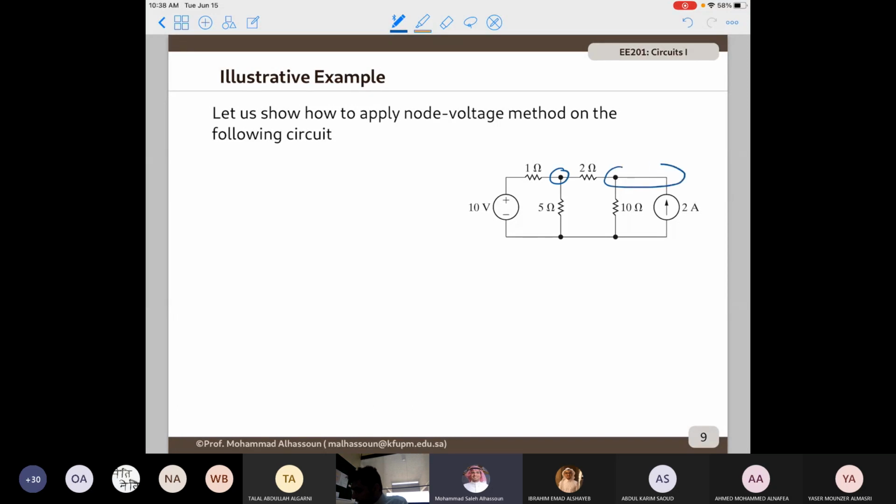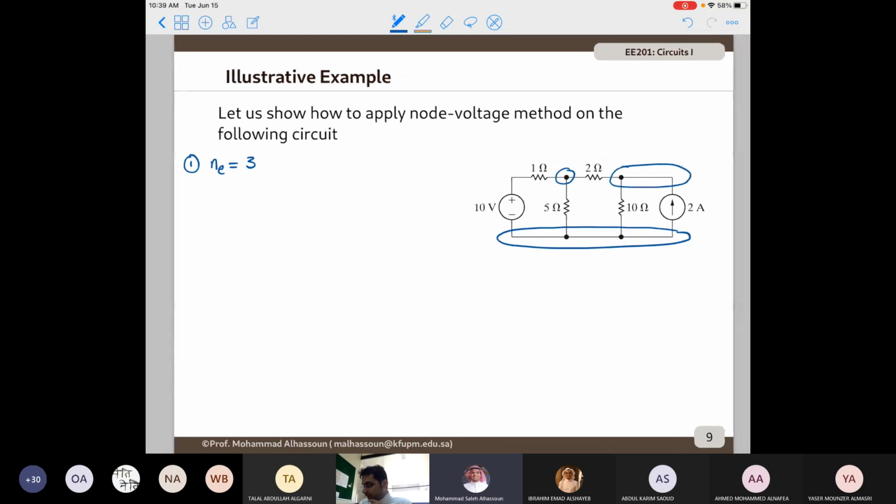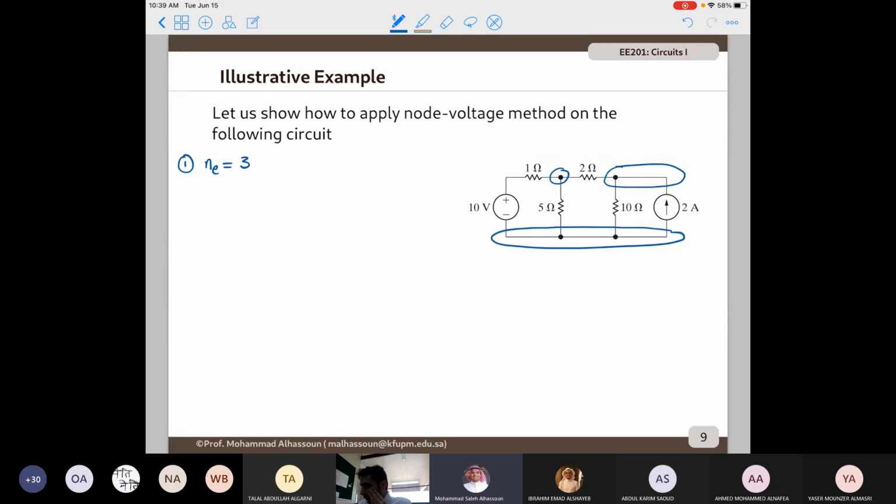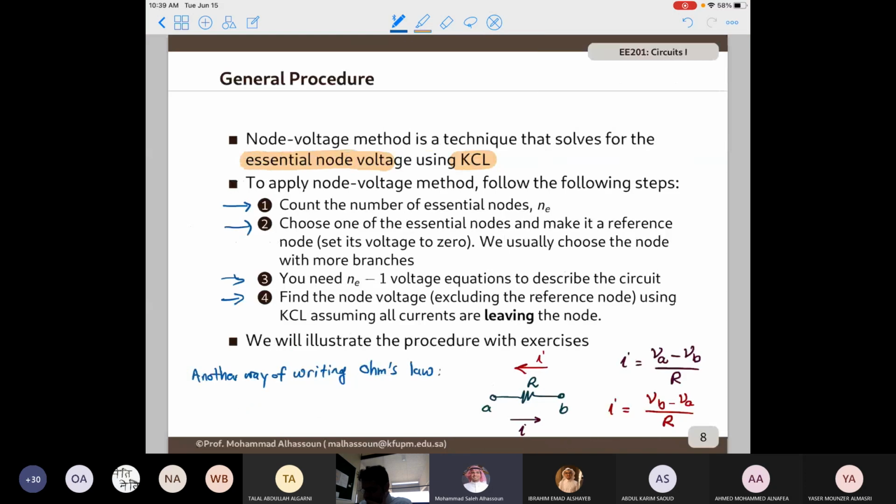The entire point here is an essential node, and this one is also an essential node. So the number of essential nodes is 3: 1, 2, 3. I'm done with the first part.